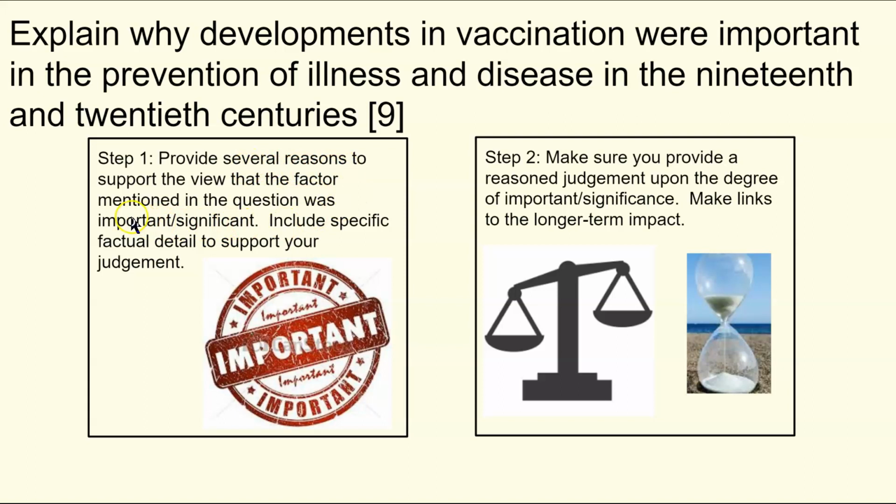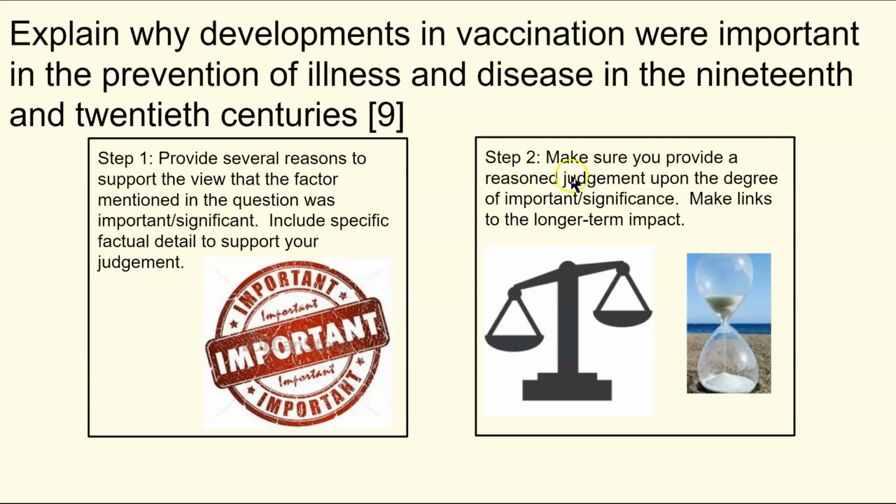And the other thing is that we are looking at showing this importance or significance. So how are we going to demonstrate that this vaccination was important in the prevention of illness and disease? Again, just to remind you, it's important to include specific factual detail. This is what demonstrates to the examiner that you have got that knowledge, that key contextual knowledge.